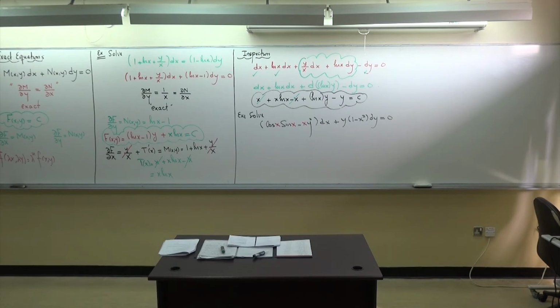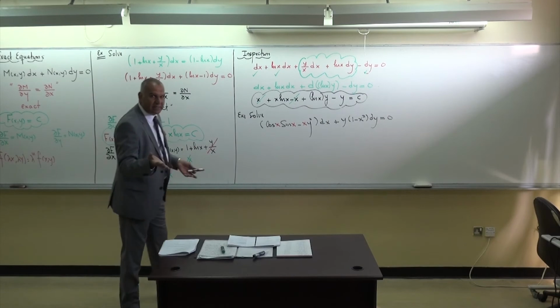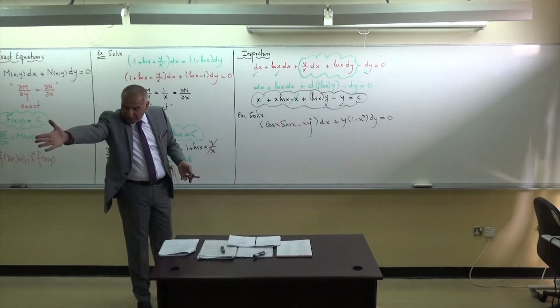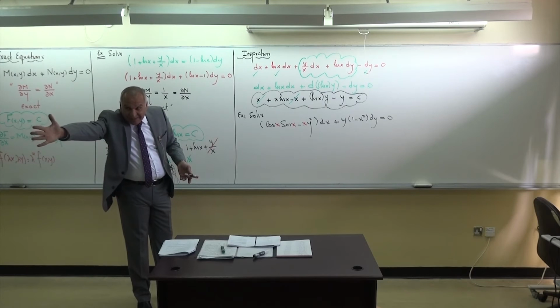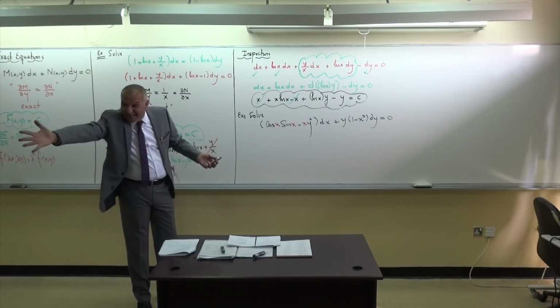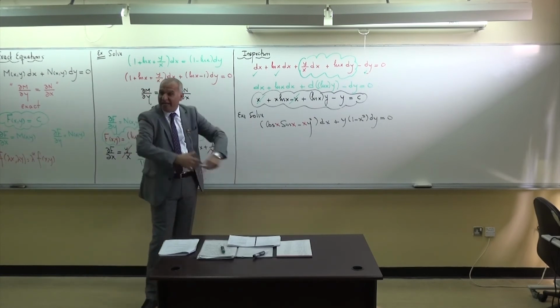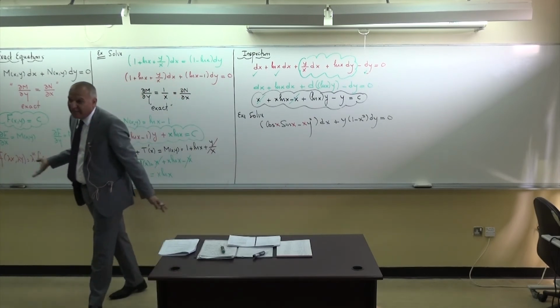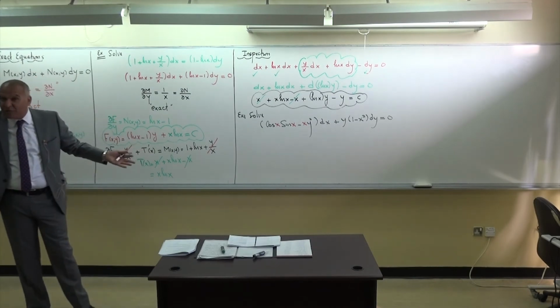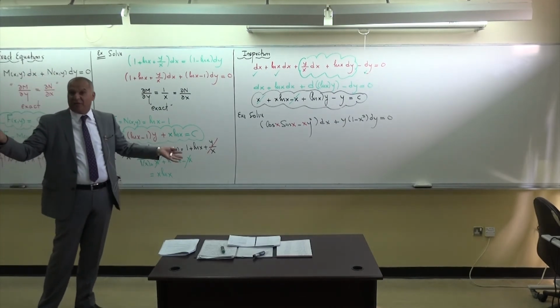Okay? So therefore, this problem is not separable and it's not homogeneous. Why is it not homogeneous? It has cosine in there. It has cosine x, so it's not homogeneous. It has sin x, it's not homogeneous. It has tan x, it's not homogeneous.